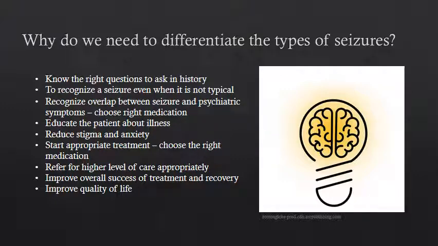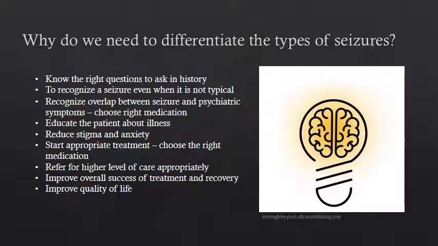You get better at recognizing the overlap between seizure and psychiatric symptoms. Some of the mood changes, behavioral changes, cognitive changes that we typically think of as just psychiatric symptoms can sometimes be a presentation of a more subtle seizure.